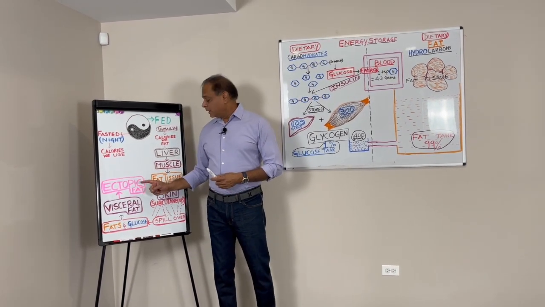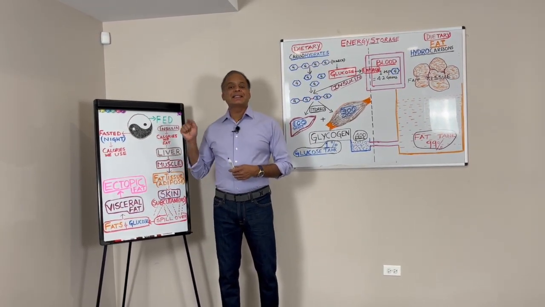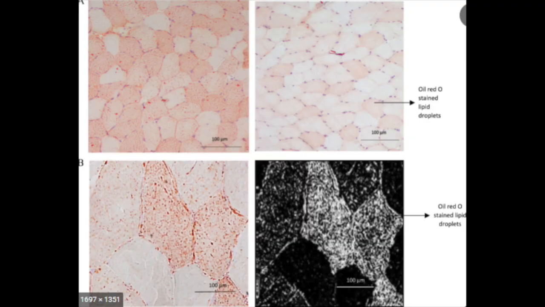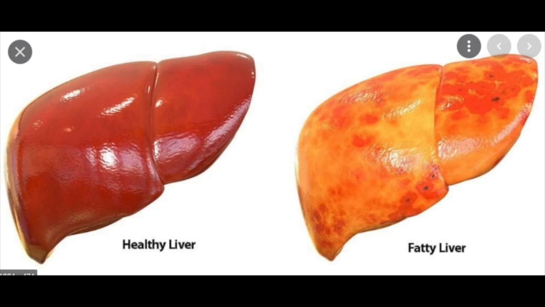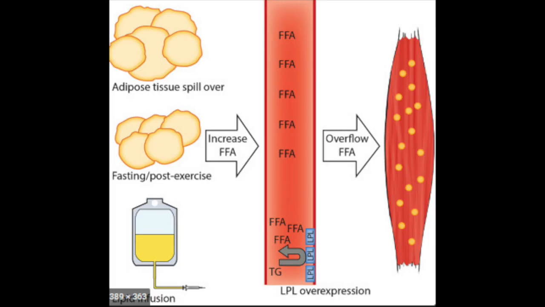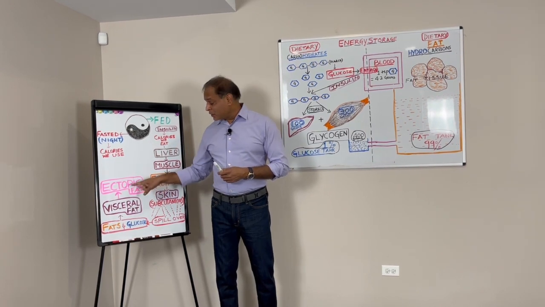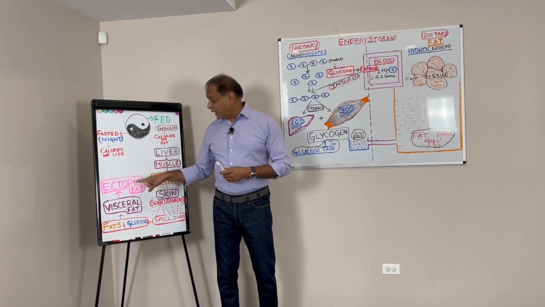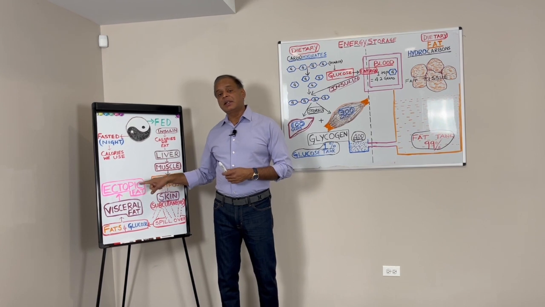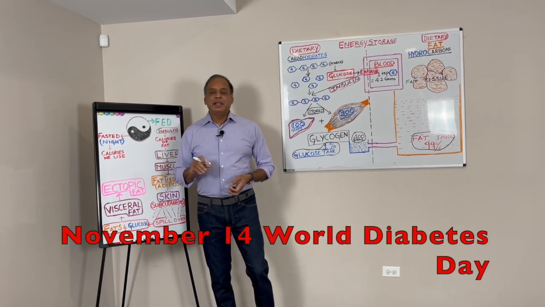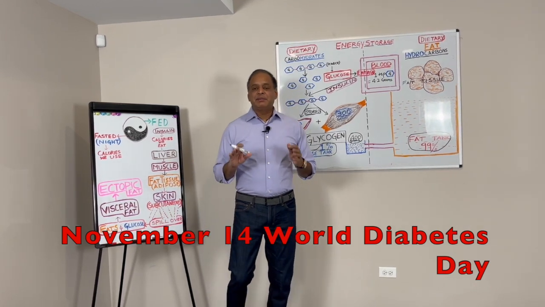This is the real problem: the fat that is inside the cell in the muscle and inside the cell in the liver, the fatty liver and the intramyocellular fat in the muscle. That is where the problem comes, and that is the most critical and crucial thing we want to talk about, especially today, being World Diabetes Day.